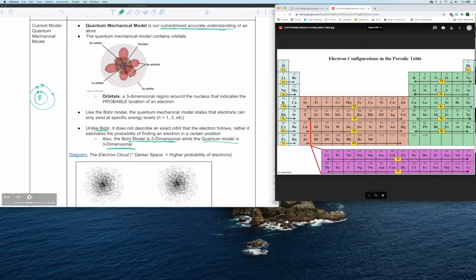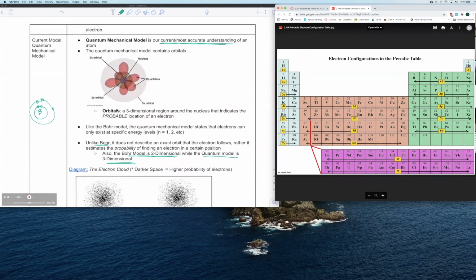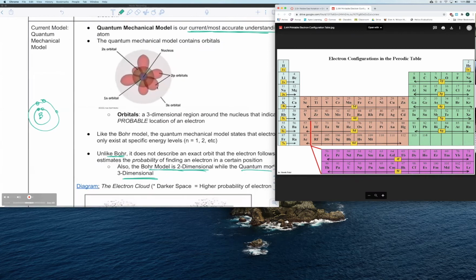And what the quantum model describes is that electrons in an atom move around in orbitals. So remember, like I said last time, the Bohr model just describes electrons moving in a circle orbit, like the planets revolving around our sun. But that's not how electrons actually behave.